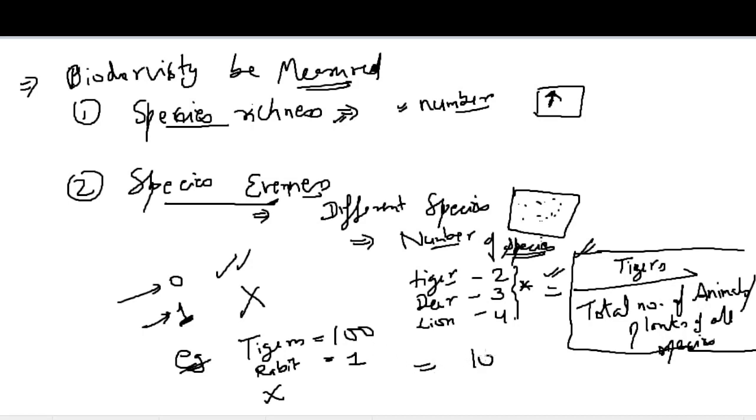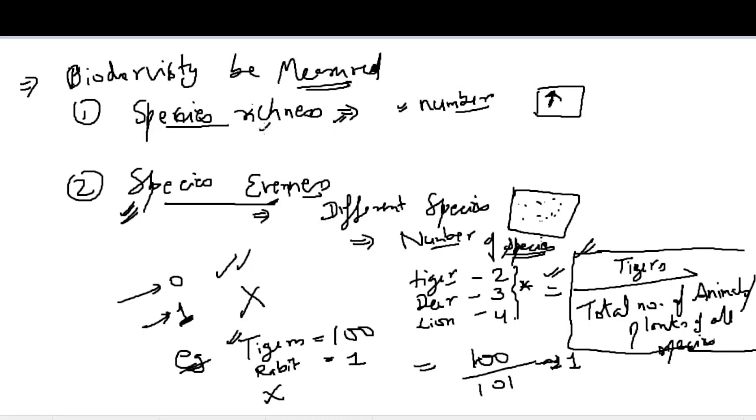It will be 100 upon 101 for tiger, which is nearly 1. So this region does not have evenness of species, meaning tigers are more as compared to other species. That's how species evenness is measured. Now I hope you have understood the concept.